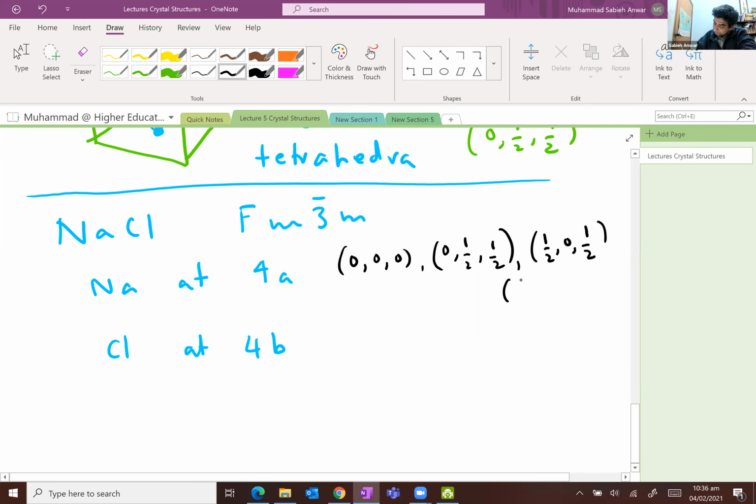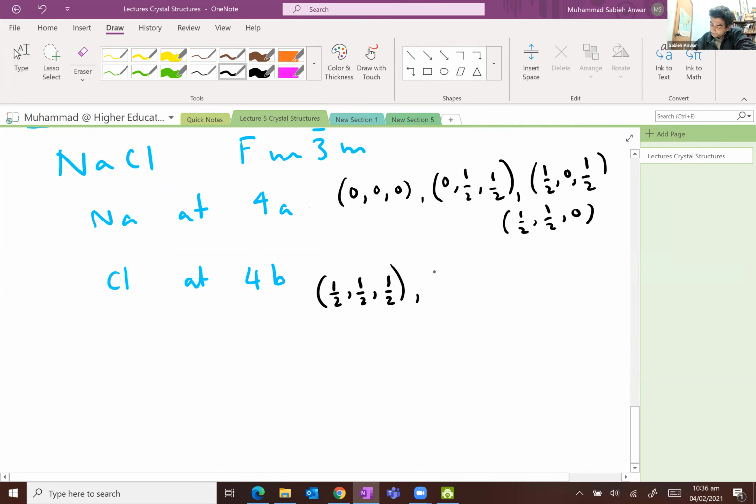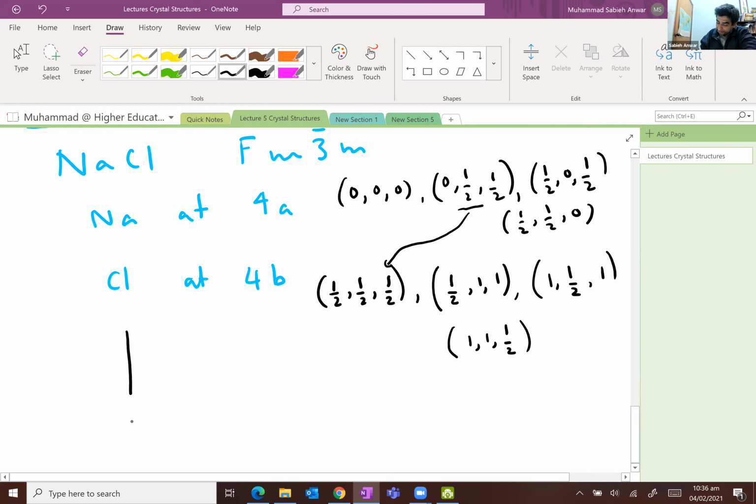So this is where the sodium atoms exist. And chlorine exists at 4b, which is half, half, half. And now I need to add the face centering translations, which gives me half, 1, 1. So I add this thing to this. Then I have 1, half, 1. Then I have 1, 1, half. So let's draw this now.